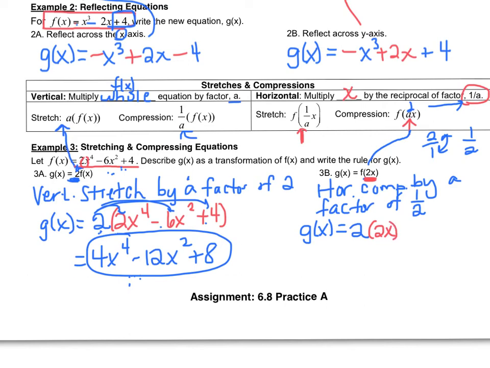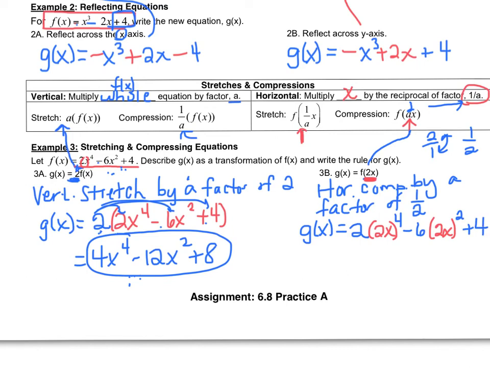So the 2x goes in parentheses, and to the 4th power goes on the outside. We'll keep copying the rest of the equation, minus 6, and then instead of having x to the second, it will be 2x to the second. And then last we have plus 4.